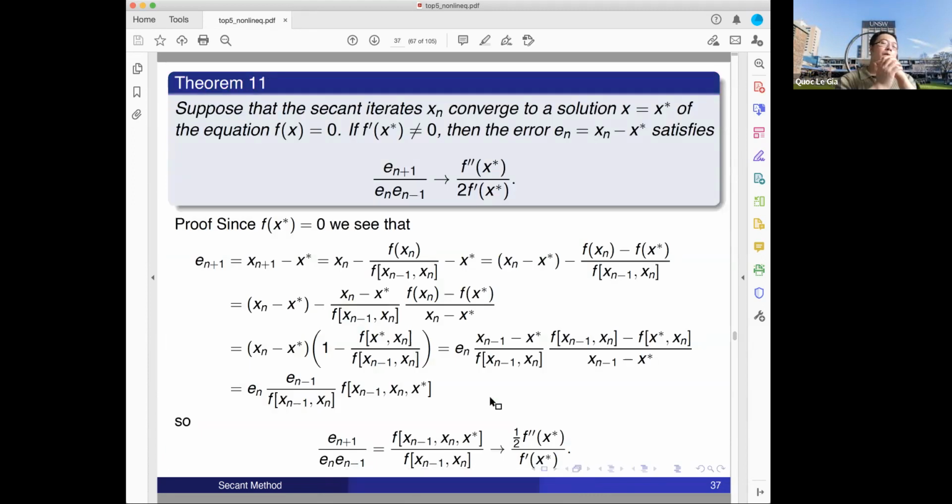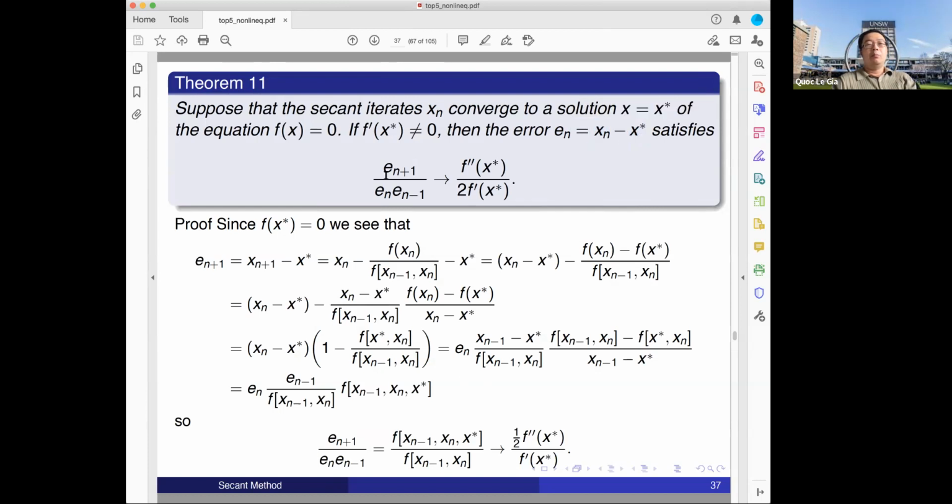Okay, so now this is the proof. How do we prove that the secant method converges? This is the one slide showing how to prove it, and maybe it's better to do it step by step. First we define the error e n equals x n minus x star, like before.